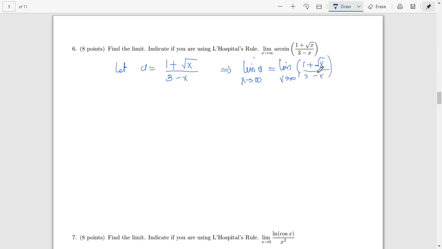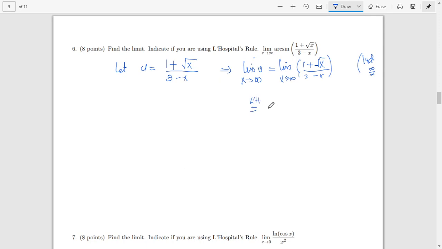If you take the limit of this, you're going to get infinity over negative infinity, which is an indeterminate form of type infinity over infinity. So then we can apply L'Hopital's rule.